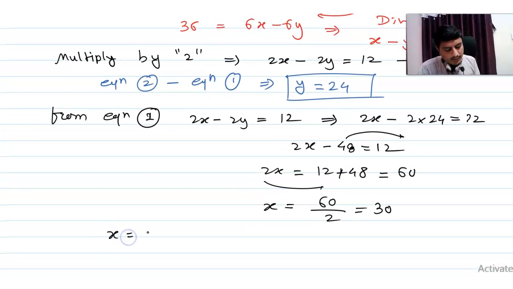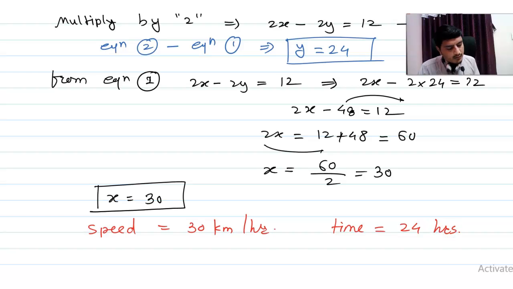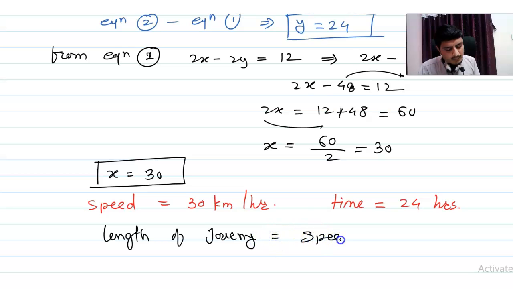So the speed of the train is 30 km per hour. At the end we write the original speed of the train as 30 km per hour, and the time to complete the journey is 24 hours. To evaluate the distance, that means the length of the journey, we write length of journey equals speed into time.